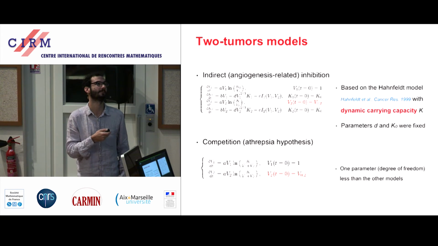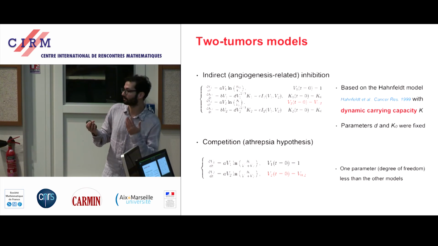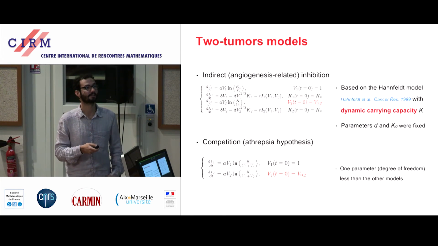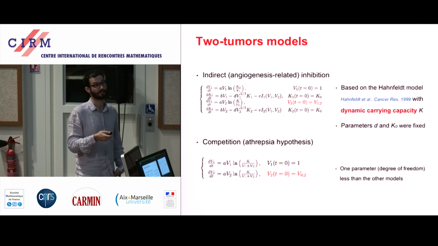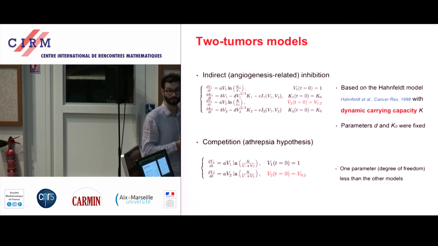And we could model the competition between the two tumors, the concomitant resistance hypothesis, by having this Gompertz, where instead of V1 and V2, we have the sum of the two volumes.